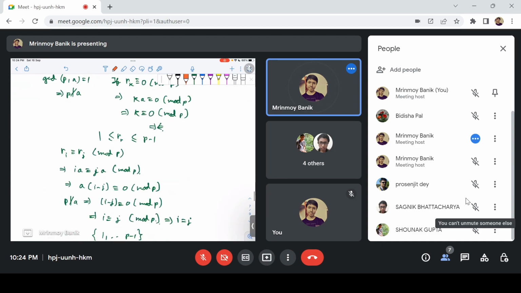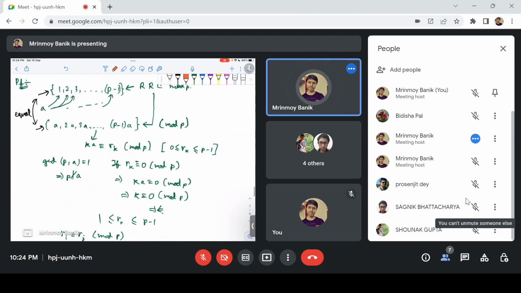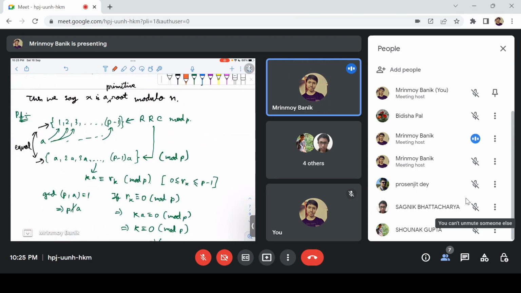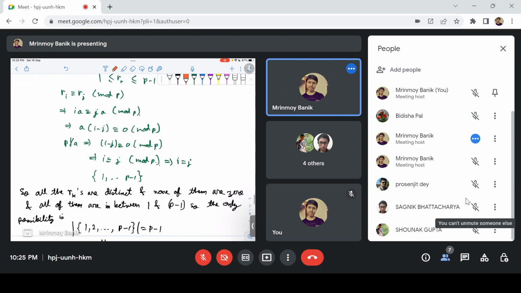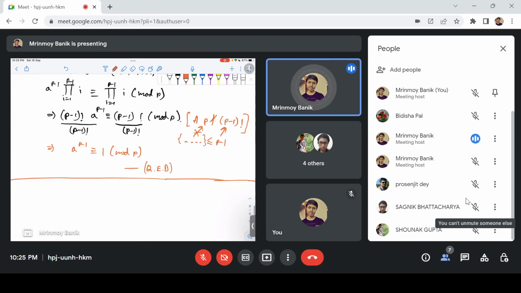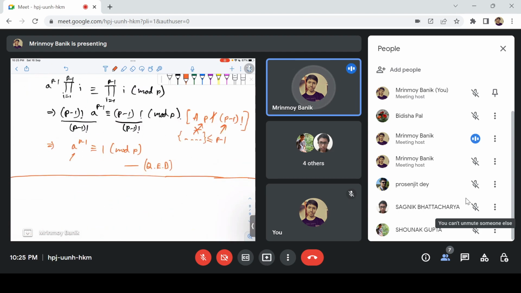Right, so this proof was a bit tricky since you have to start off with this reduced residue class and think of multiplying it with that number A. But one motivation was there, since we had to find P minus 1 factors of A from somewhere.